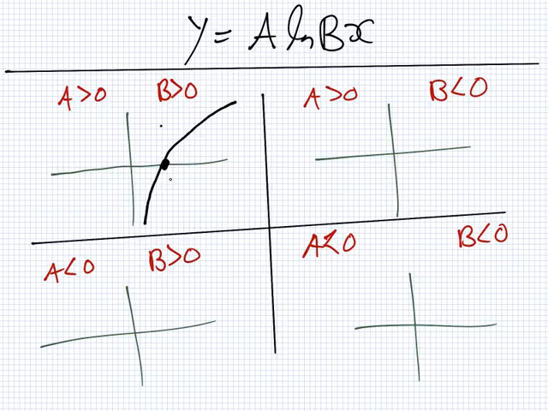What value of x will make this 1? 1 over b. I'm almost right. What's b times 1 over b? 1. And what's log 1? 0.